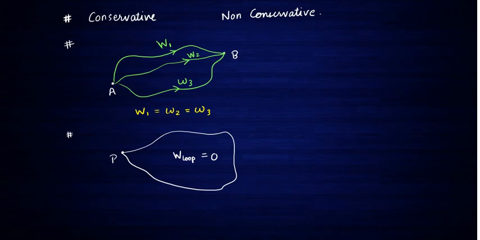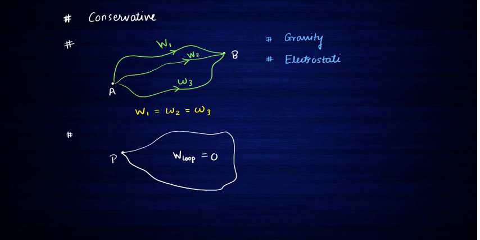So what are some examples of conservative forces? The naturally occurring conservative forces are gravity, electrostatic force of attraction or repulsion, so the electrostatic force between charges, and the spring force, which is one form of electrostatic force.